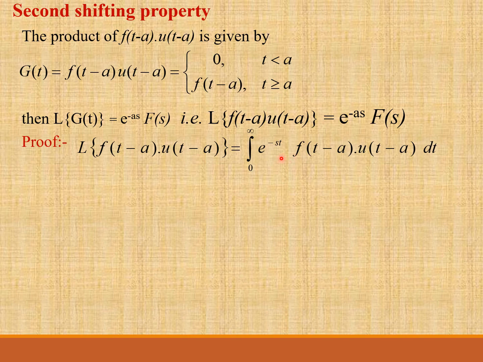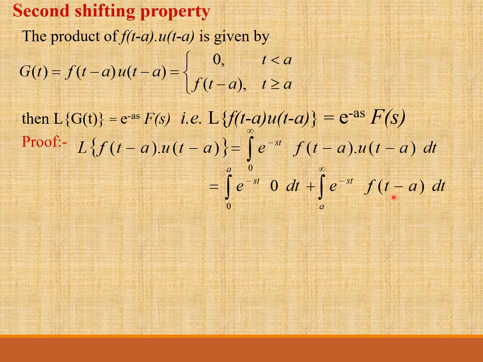So multiply e^(−st) with the function, that is f(t−a)·u(t−a), into dt. This function has two values. For the interval 0 to a, it has a value 0, and for a to infinity the function has the value f(t−a).